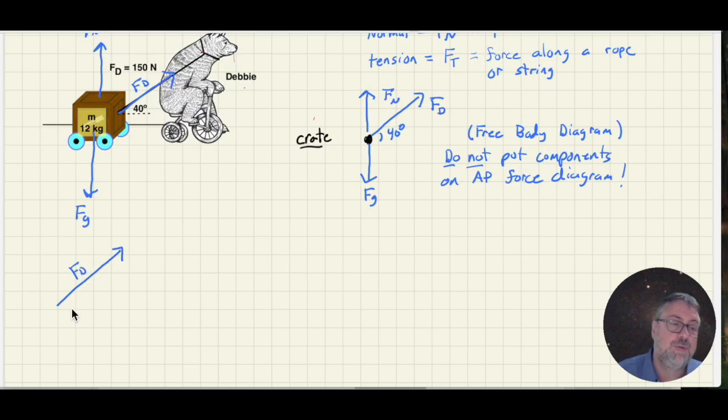So Debbie's force here, which is equal to 150 newtons, is at a 40-degree angle with the horizontal. Now, when we break our vectors up into components, like we did with displacement and velocity vectors in the last unit, I can label this as the x part of Debbie's force. Now, it's important to recognize that the y part is actually over here.